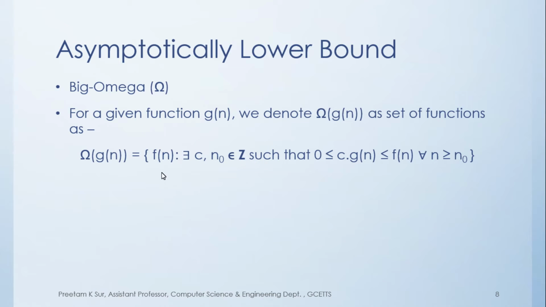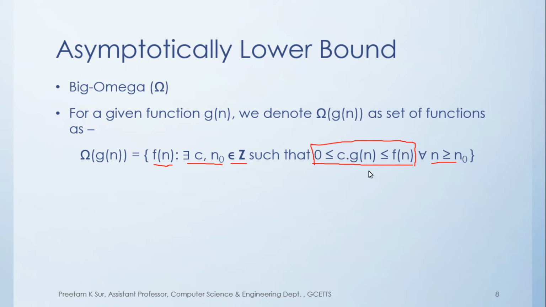Big omega of g(n) is equal to f(n), the functions such that there exist c and n0, two positive integers, such that 0 less than or equal to c into g(n) less than or equal to f(n) for all n greater than n0. So if you compare it with the asymptotic upper bound, it is just the opposite. Only the inequalities changed, the rest of the thing remains the same.